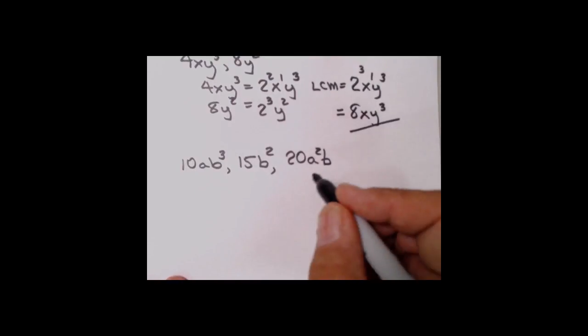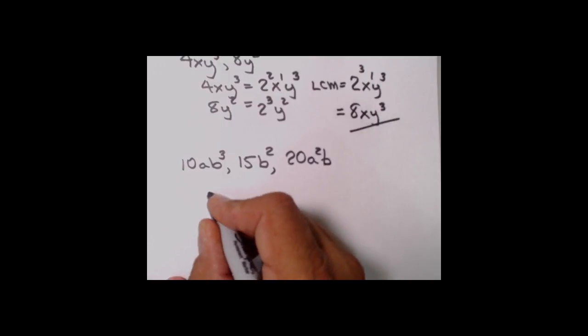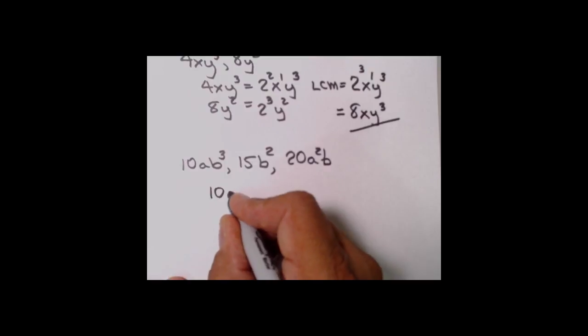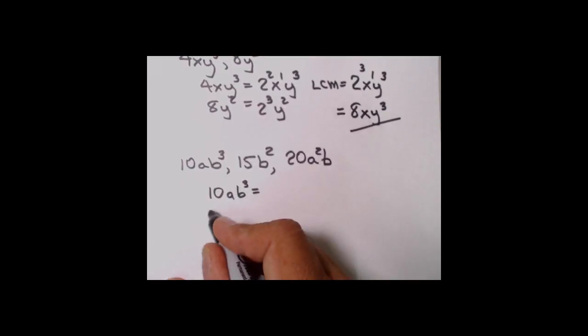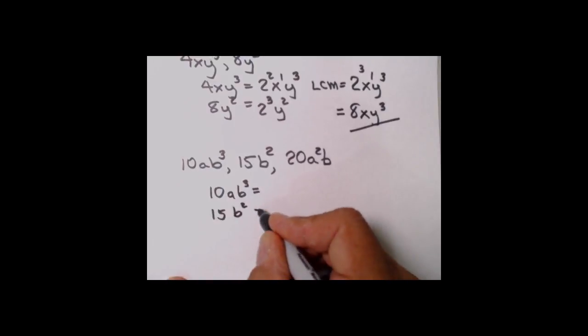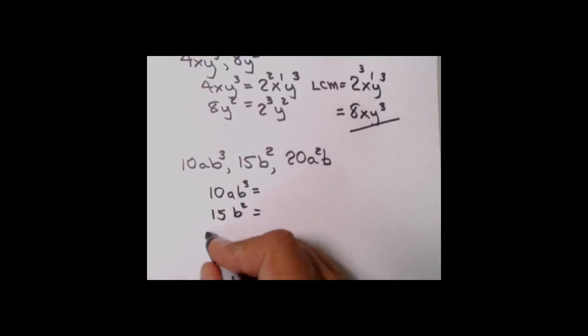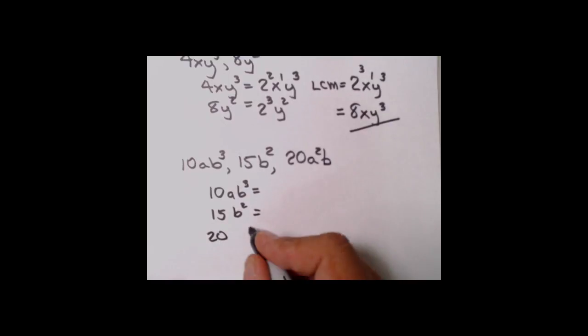Again, prime factor, when it starts getting variables and things like this, much safer to use the prime factor method. So 10ab cubed is going to equal 15b squared is going to equal, and then 20 a squared b.